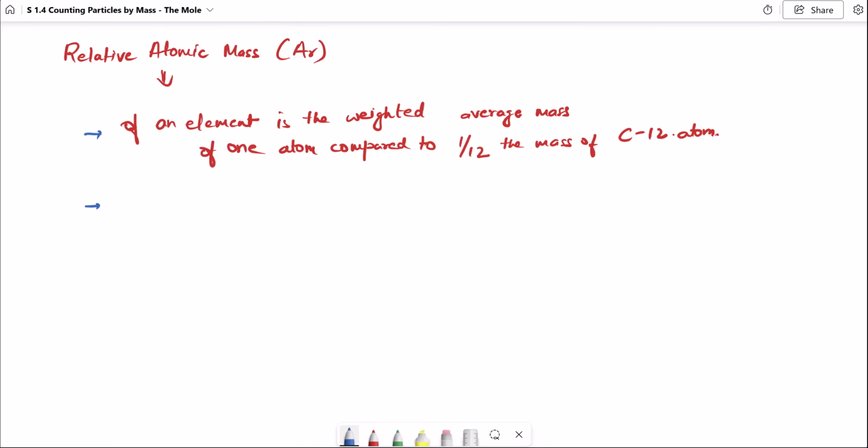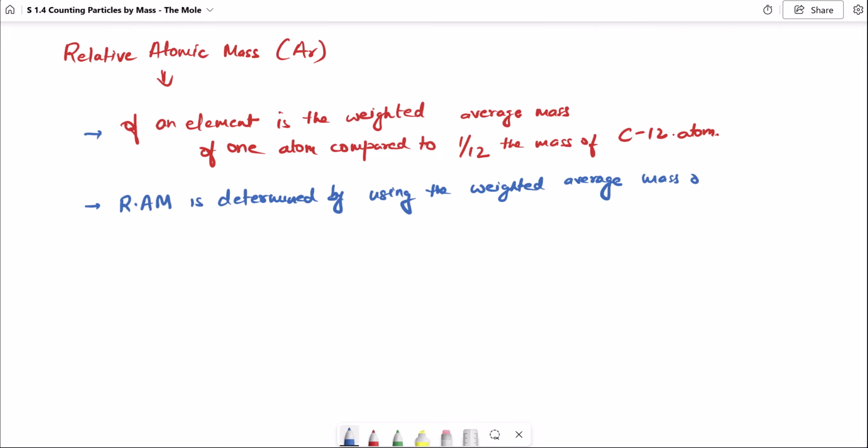So it is determined by using weighted average masses of isotopes. So we can say relative atomic mass is determined by using weighted average mass of isotopes of a particular element.